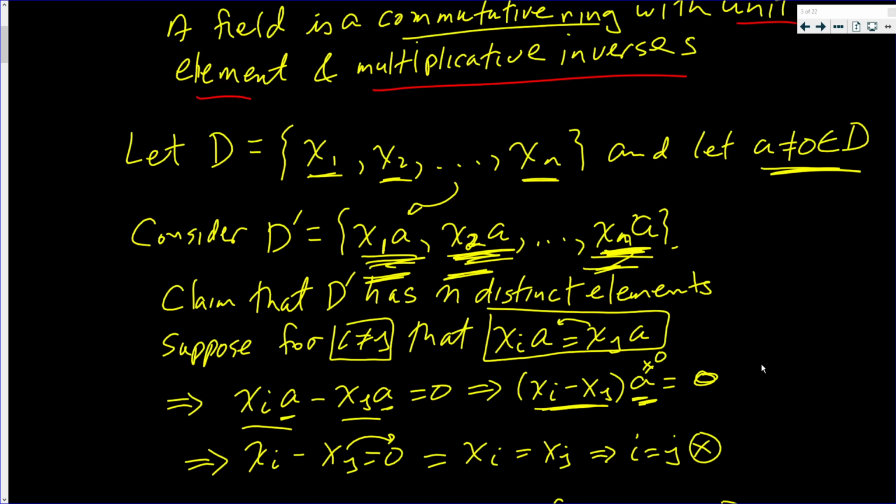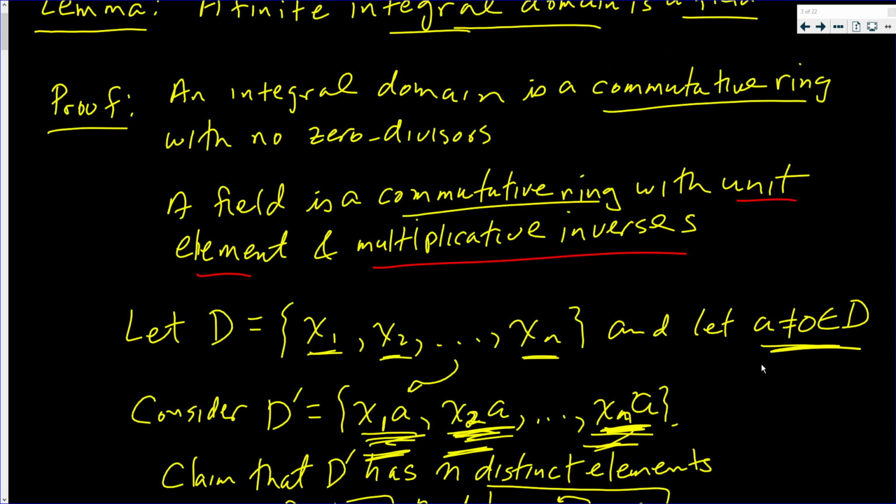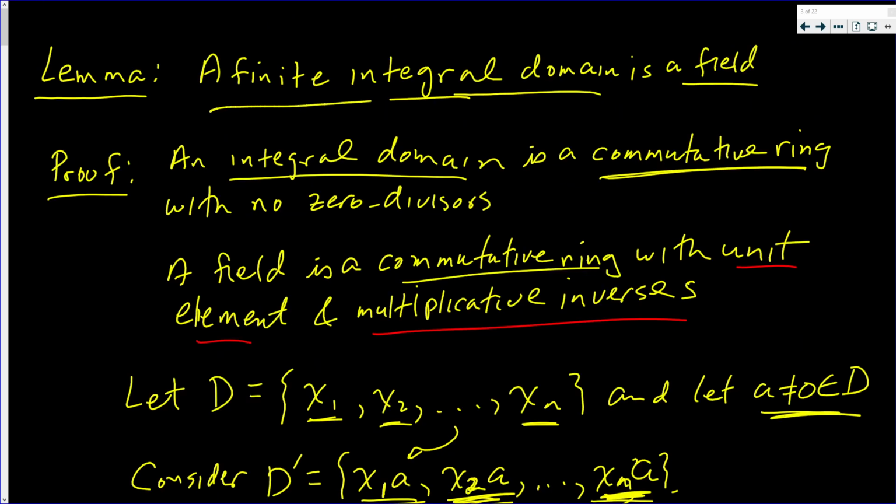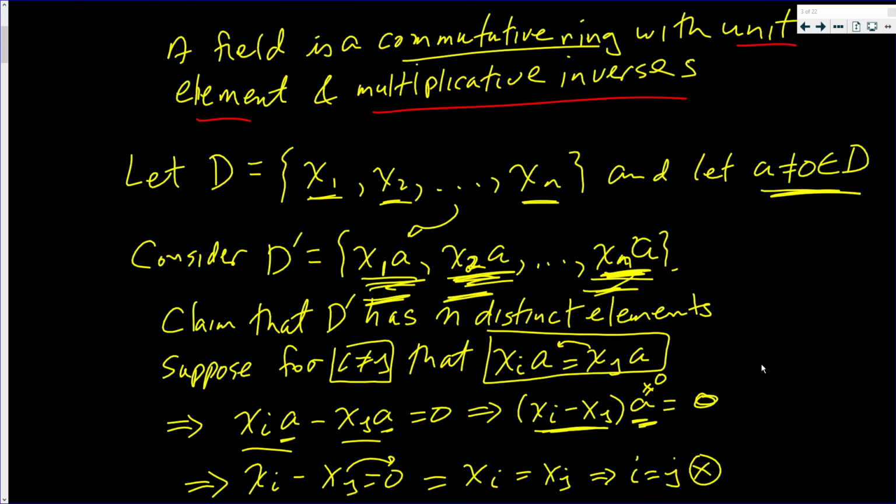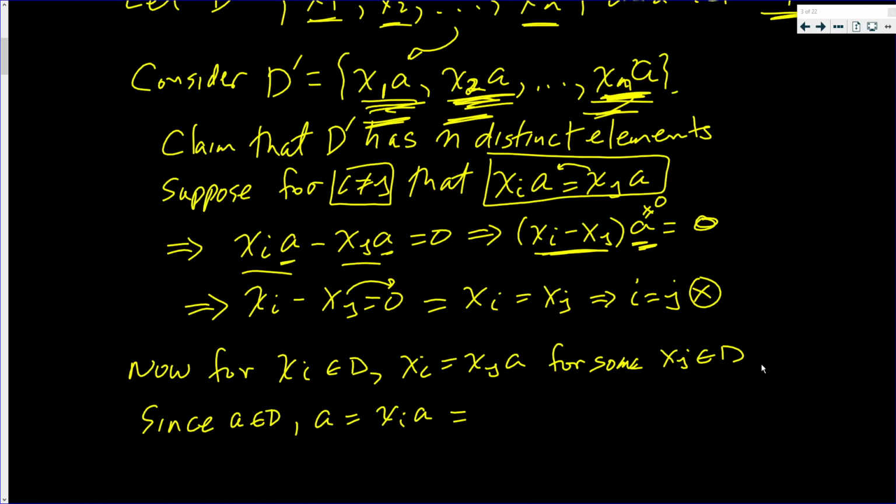But we are in a commutative ring, an integral domain. We're starting off with a finite integral domain, and we want to conclude that it's a field. So it's a commutative ring. Now, it's always commutative in addition. So when they say a commutative ring, they mean that the elements also commute under multiplication.